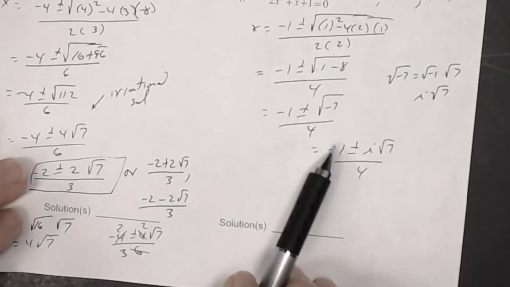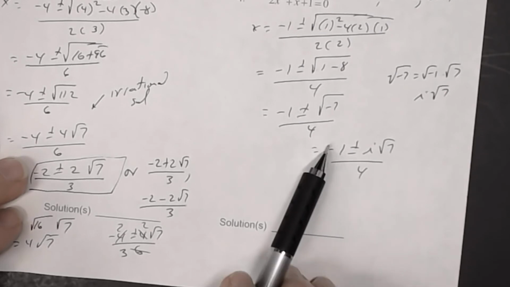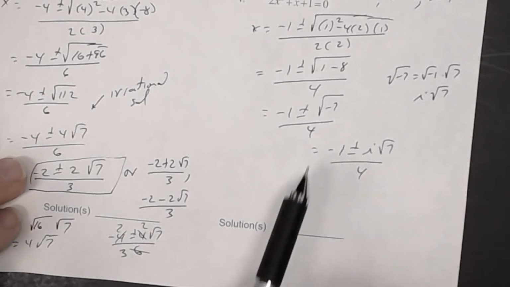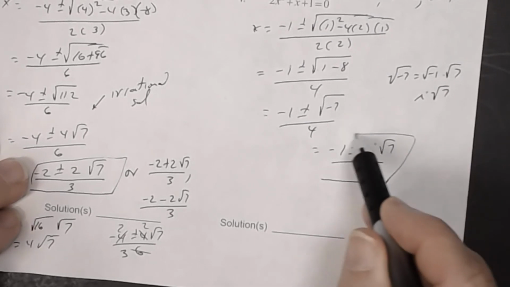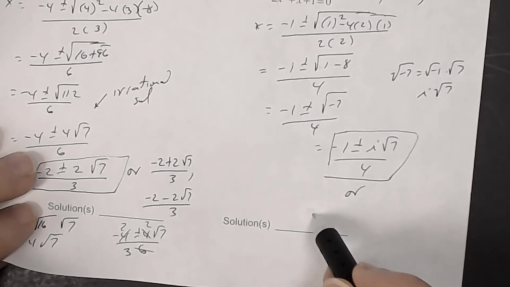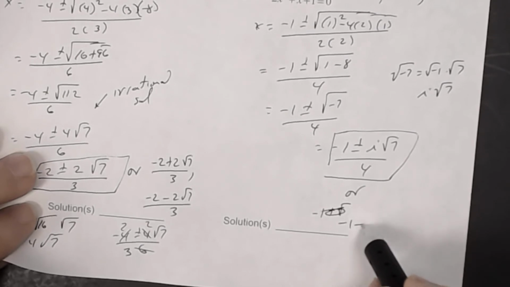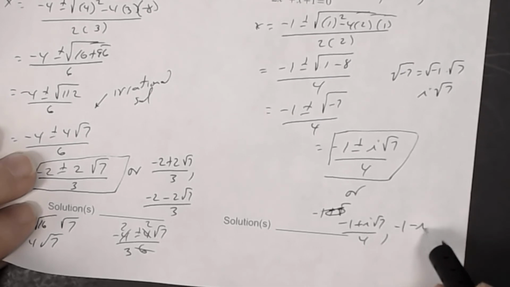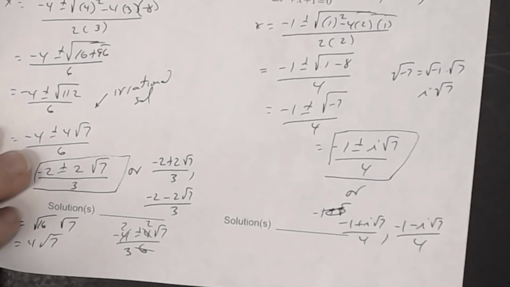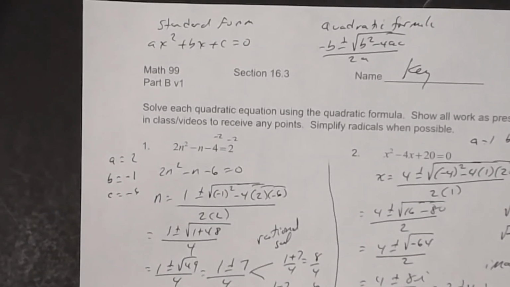But here, if I look at negative 1, and that's 1 right here, and 4, they're all divisible only by 1. So we're done. Now, if you want to write this as 2 separate solutions, you can. You could say negative 1 plus i square root of 7 over 4, comma, negative 1 minus i square root of 7 over 4. Okay? All right, so that was the key to section 16.3, part B.